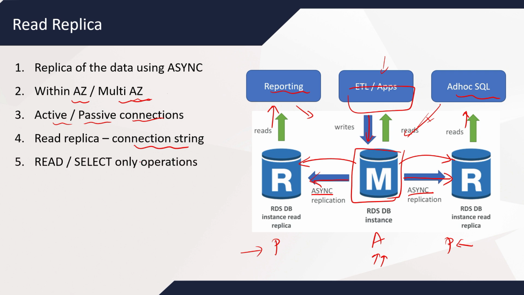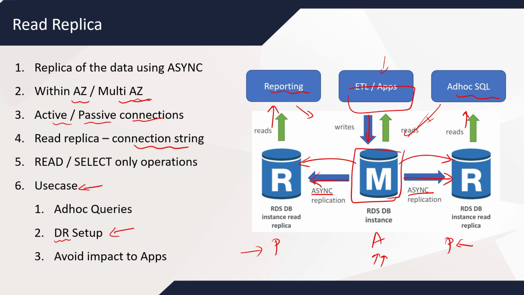And then some of the use cases. Where do we use read replicas? We have just seen ad hoc queries, or even if you want to set up DR, which is disaster recovery, you can set it up on multiple AZs as well, or even in a different region, so that when one data center goes down, you have your data available in the other region, and it will serve all your applications without any problem.